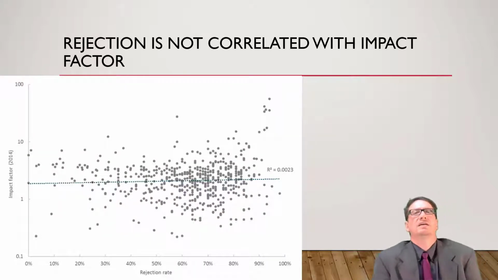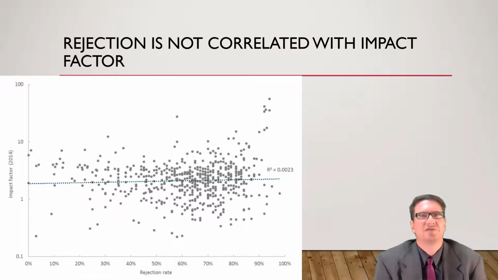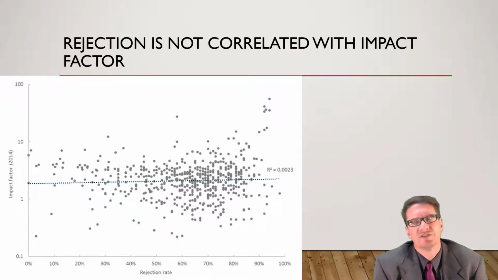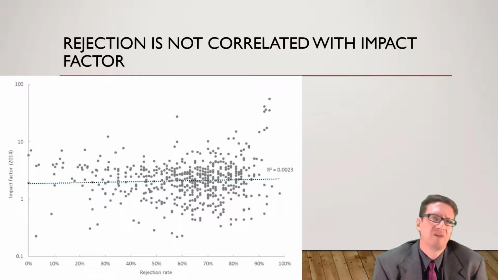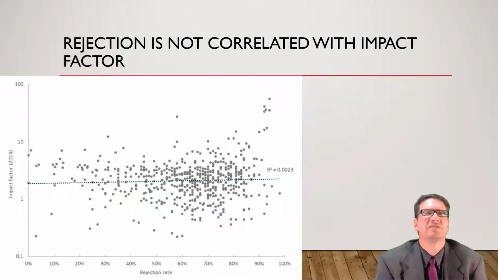Now, impact factor isn't something I've talked about much yet, but impact factor is how many people are actually citing your work. So some journals have a higher impact factor. They're cited by many journals and others are less cited. You might think higher impact factors are harder to get into, but this graph shows that the rejection rate is basically the same for high impact journals as for low impact journals.